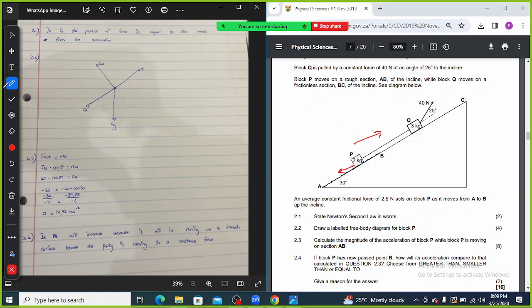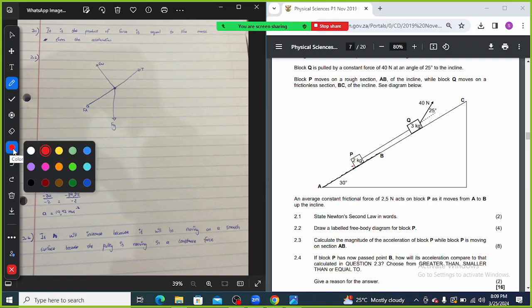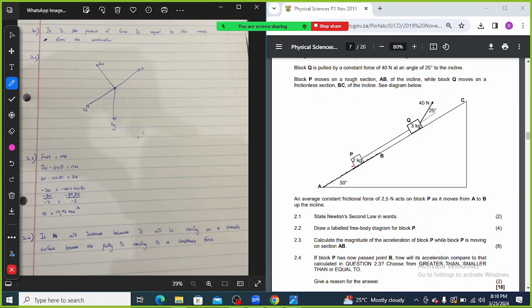All right. Now, the next step, they're saying draw the labeled free body diagram for block P. Most of the time, I usually suggest that you try to draw a faint surface. I usually suggest this for most of my clients, and I will also suggest this for you.